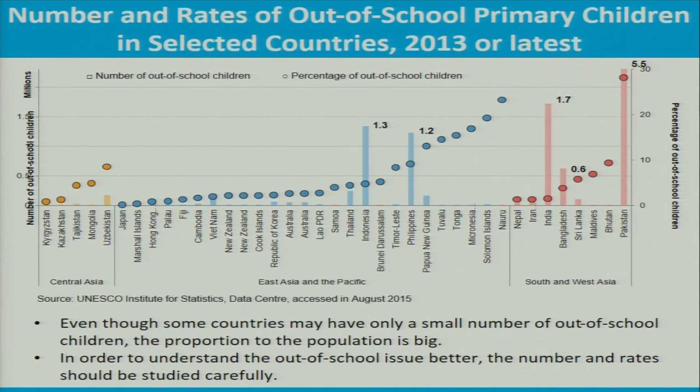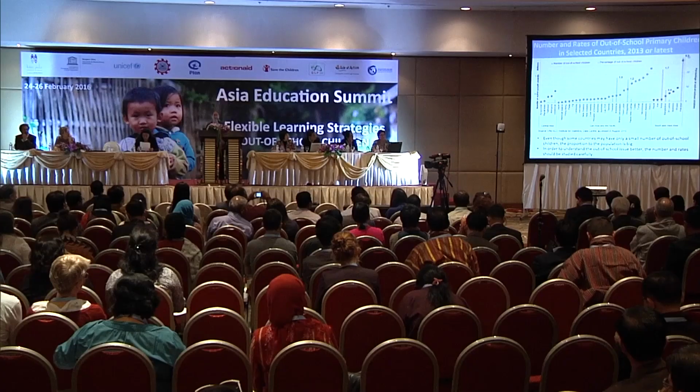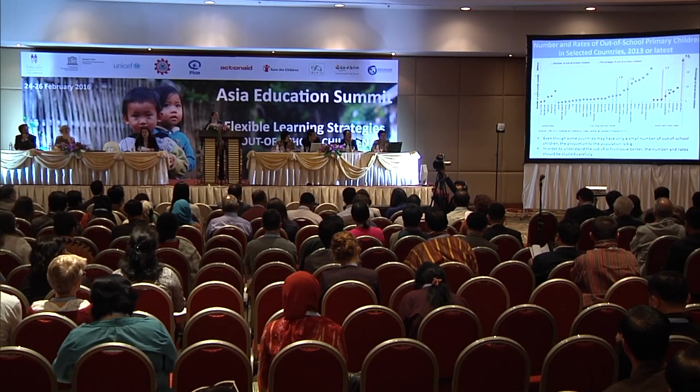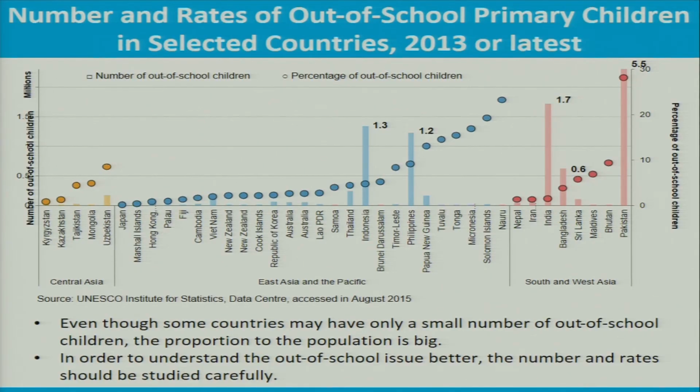In the blue ones, there are a few Pacific islands where the population is very small, so the number of out-of-school children is very small, but in relative proportion it reaches almost 20% of the population of primary age in those small islands.